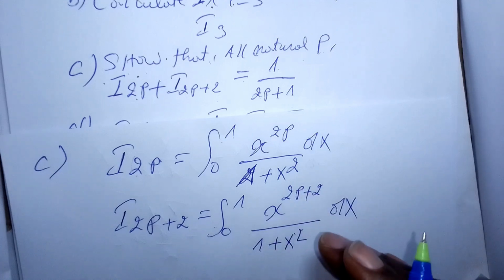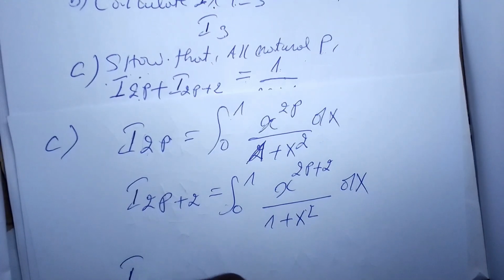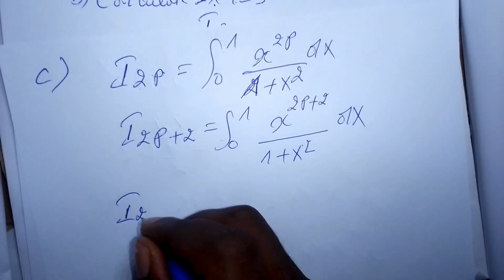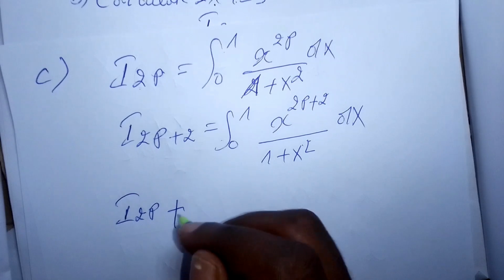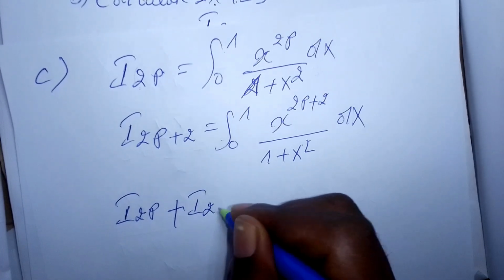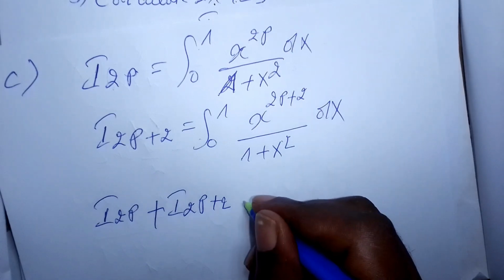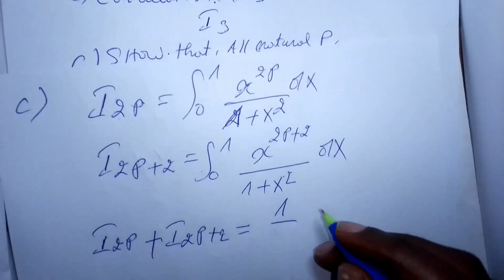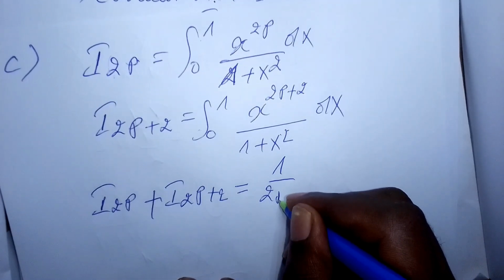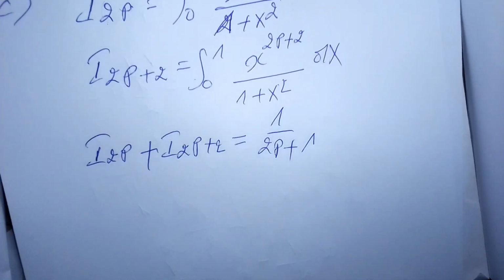That is what we are going to prove: I2p plus I2p plus 2 equals 1 over 2p plus 1.